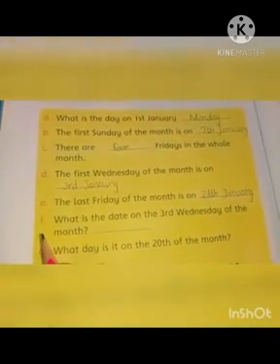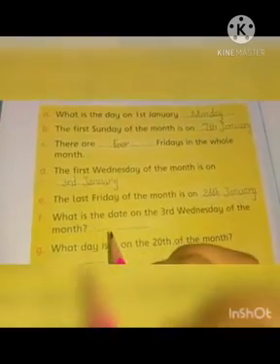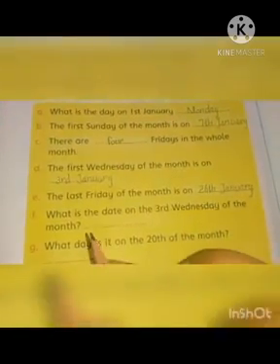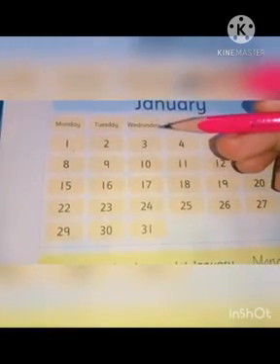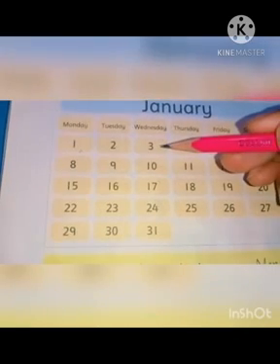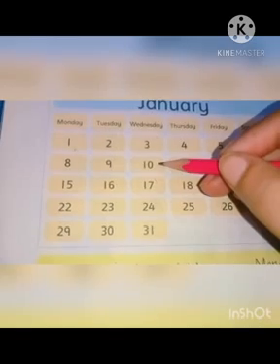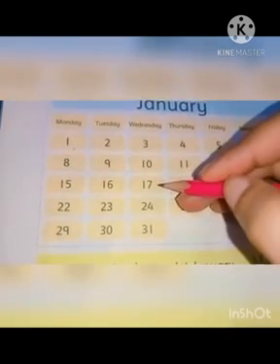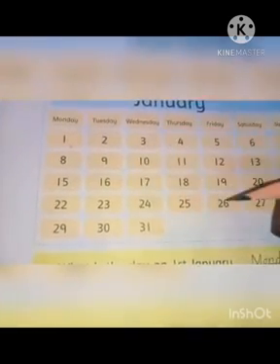Here we have point F. At point F, here we have the statement. What is the date on the 3rd Wednesday of the month? Students, here we have the day of Wednesday, and we are going to find out the 3rd Wednesday. First, it comes on the day of 3rd. The second Wednesday is on the date of 10th, and the third Wednesday is on the date of 17th January.